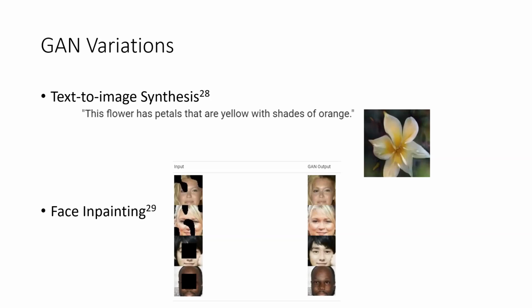Although originally GANs were used for that and were very powerful, different models that combine GANs with autoregressive models, which, as I said, are better for sequence-based data like text, have shown better results. For example, DALL-E is an example, a combination of a GAN and an autoregressive model. Other examples are face inpainting.